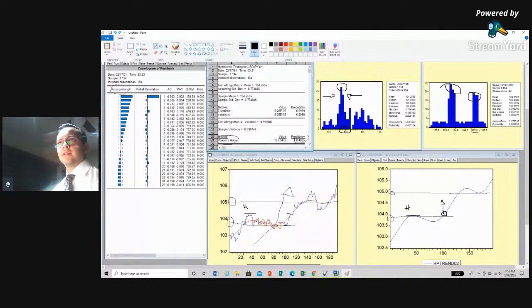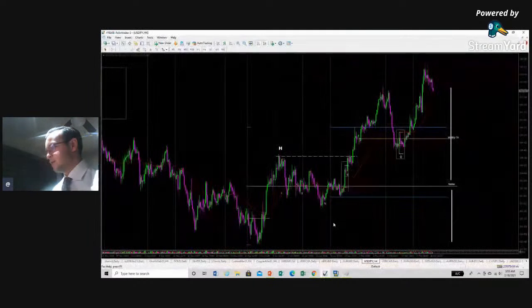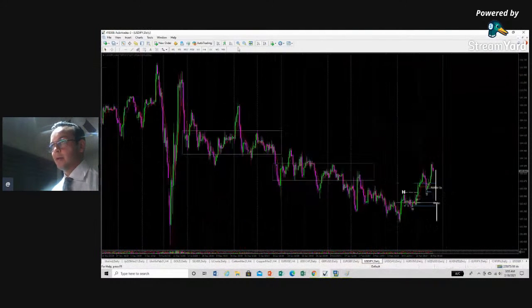And at last, here on the autocorrelation, this is the autocorrelation of residuals. So the residuals are the deviation, and this is saying that it takes around 15 days or 13 days to get back to the median point of a deviation. On price action, we're going to prove that.